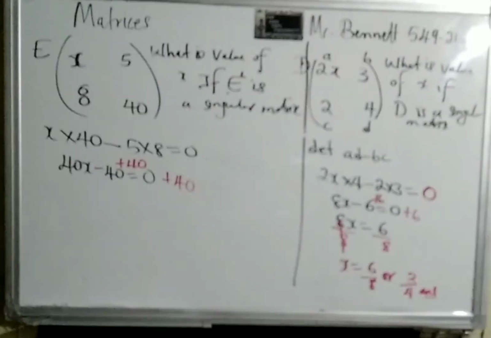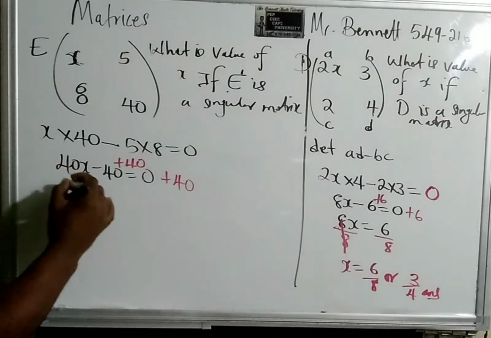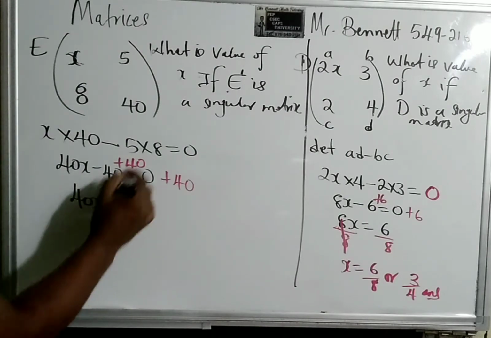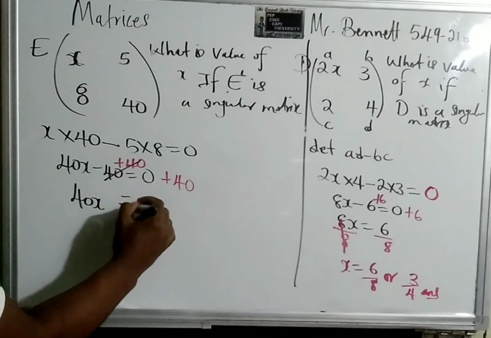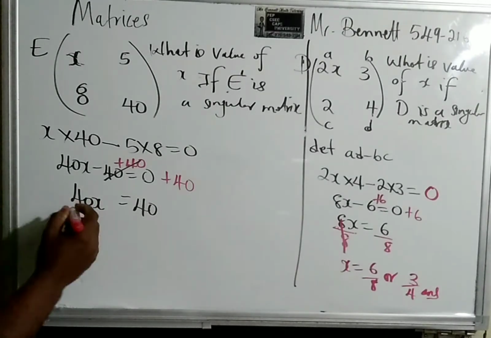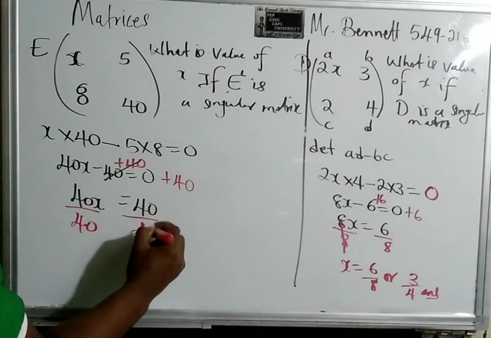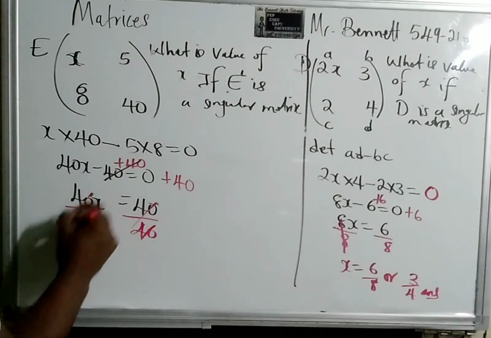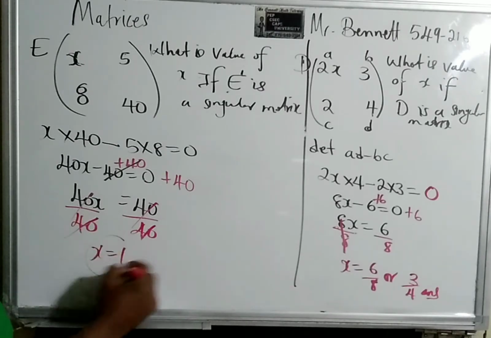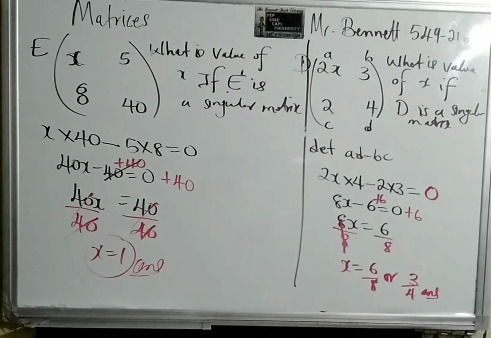So therefore we are left with 40x is equal to 40, and now this is 40 times x, so we do the inverse of times, which is divide by 40. What you do to one side, you do to both sides. 40 into 40 is one time. So therefore x is 1 to make E a singular matrix.